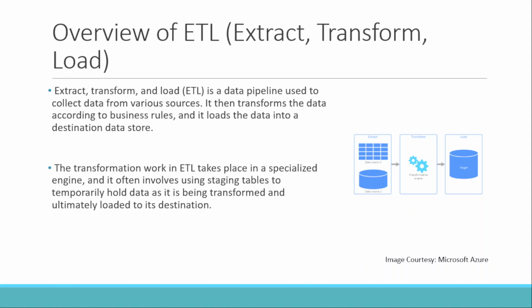The transformation in ETL can take place in a specialized engine, and often it involves using staging tables to temporarily hold the data as it is being transformed and ultimately loaded to the destination. Typically, the data transformation involves various operations such as filtering, sorting, aggregating, joining data, cleaning data, deduplicating data and validating data.